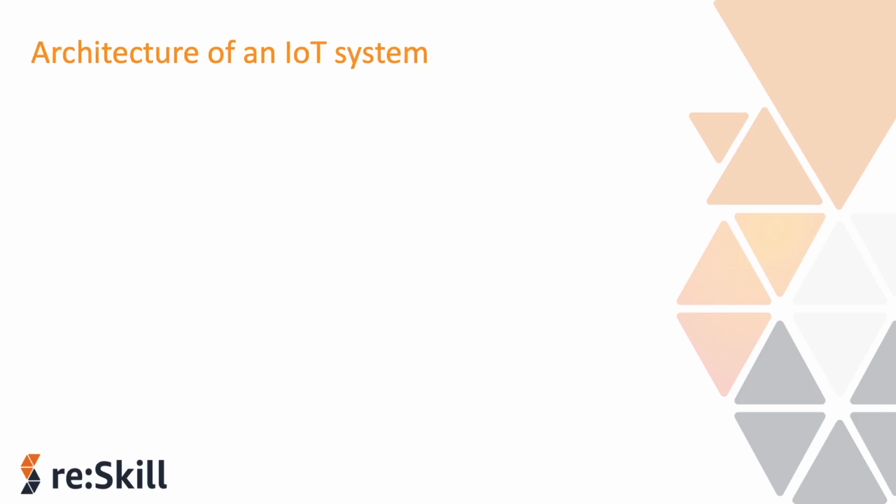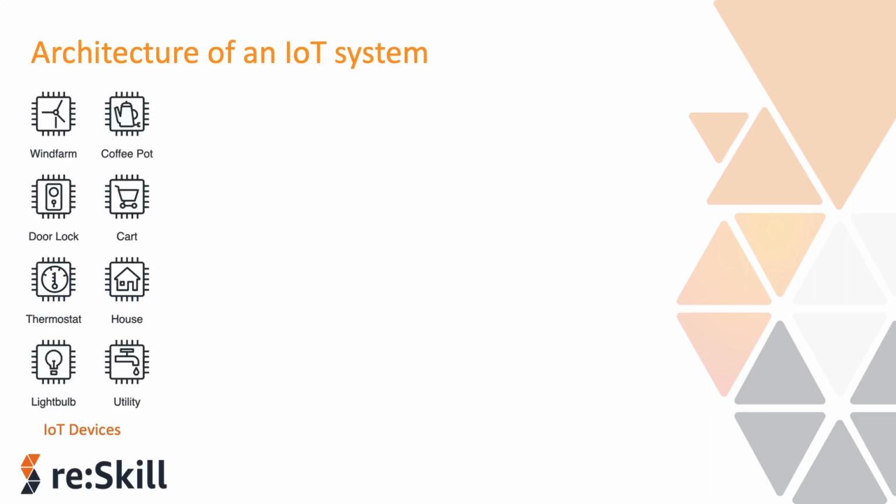Now let's talk about the architecture of an IoT system. When we say architecture, what are the different components that get involved in an IoT system? To begin with, obviously, we are going to have IoT devices that we usually know. It could be a smartwatch, or a sensor plus a microcontroller that we put into a wind farm, or something like a coffee pot, door lock, or car.